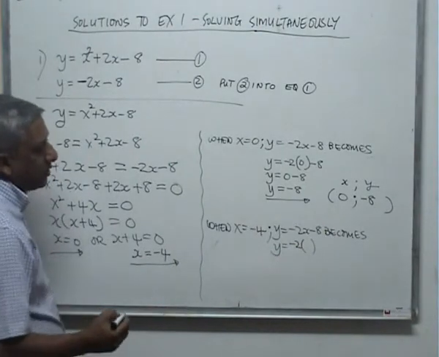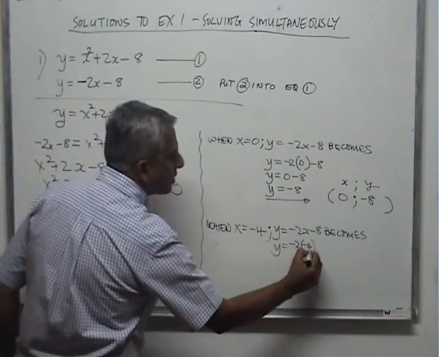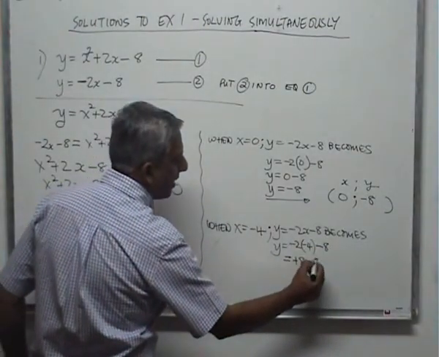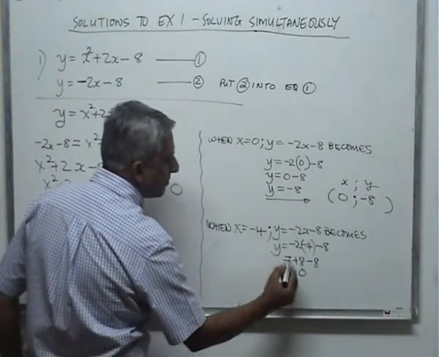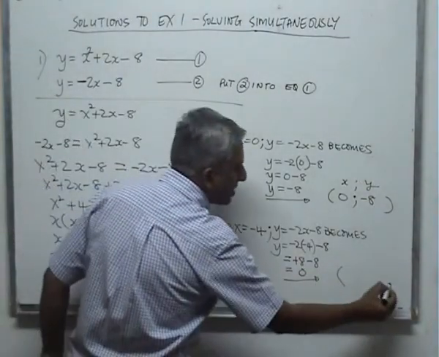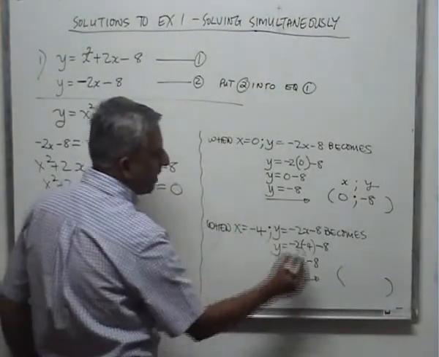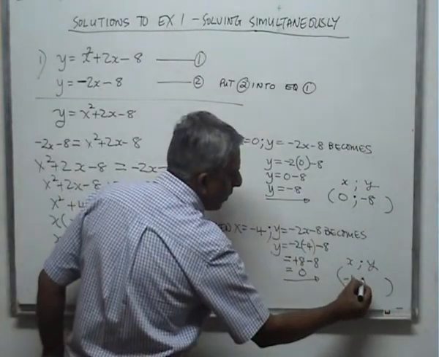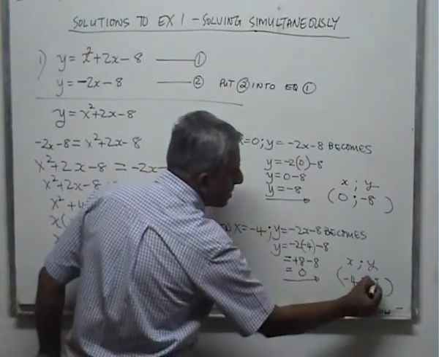So I must put minus 4 there. Minus 2 times minus 4, minus 8. That's plus 8 and minus 8. That gives you 0. So now you've got y is equal to 0. So finally what we are saying is that when x is minus 4, y is 0.